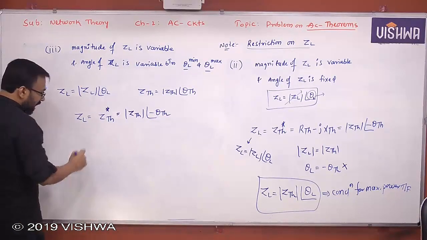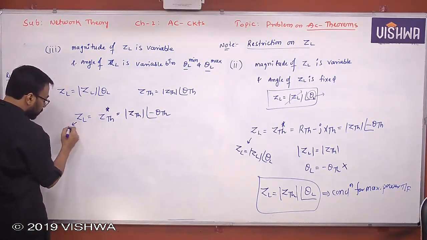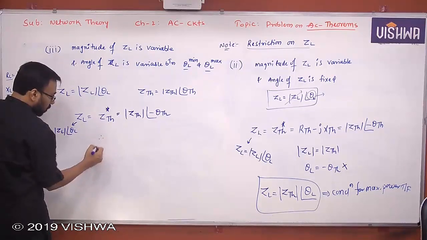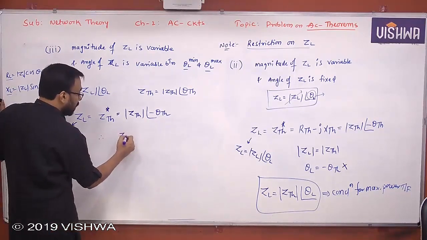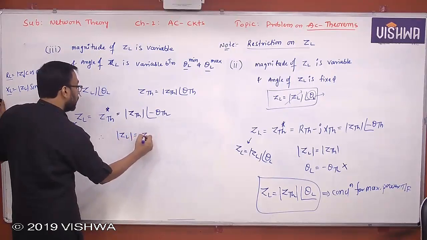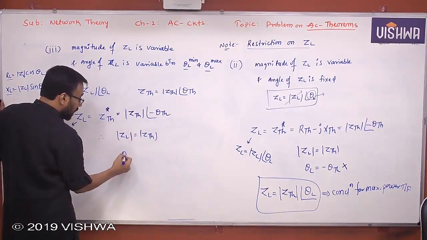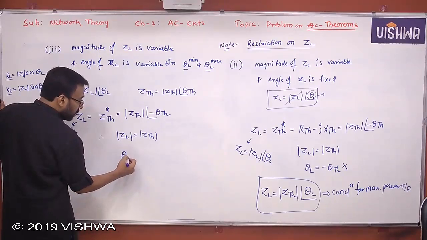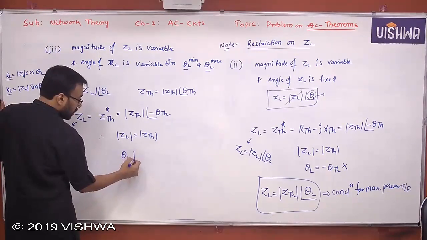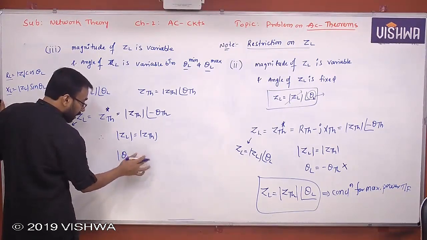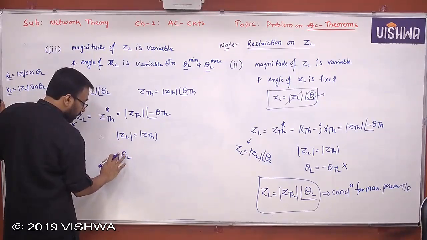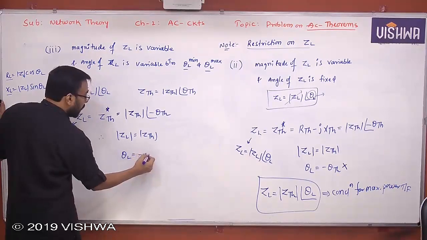So from this I understand clearly that, because we know ZL is at an angle of theta L, the ZL magnitude is the ZTH magnitude. I need to equate them, right? Condition for maximum power transfer: angle theta L is equal to minus theta TH.